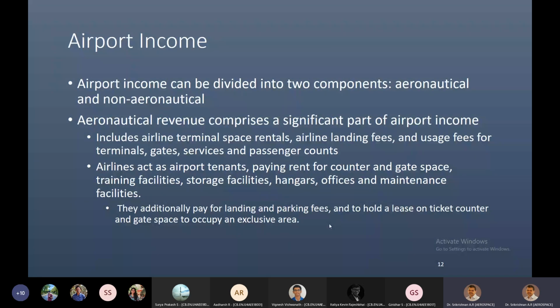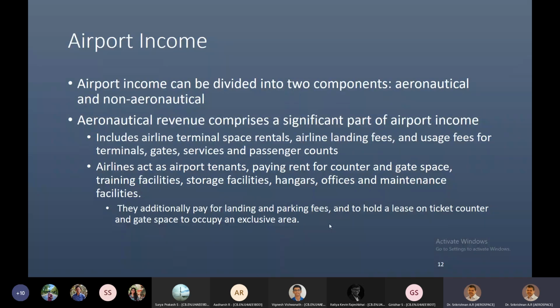And of course all that depends on the passenger traffic also, the fee that the airlines will have to provide. As far as an airport is concerned, an airline is like a tenant who pays for the usage of the space.